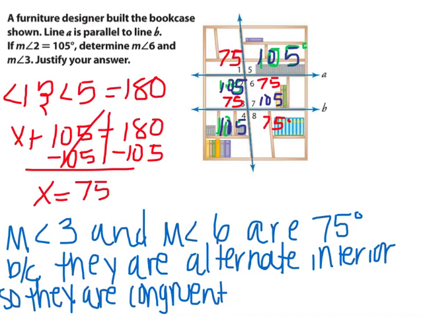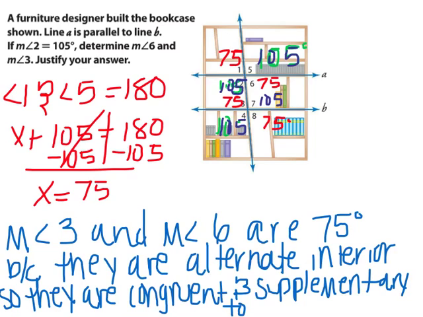They're congruent. And they're supplementary to an angle equaling 105 degrees. That means they add up to 180, so it has to be 75.